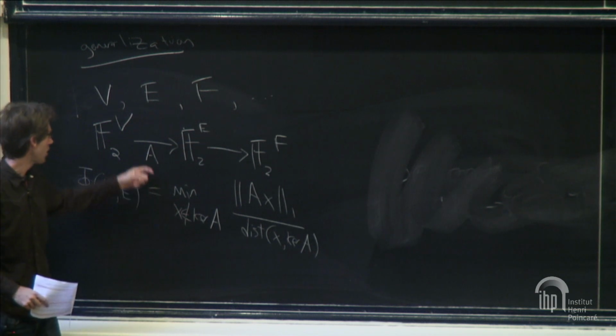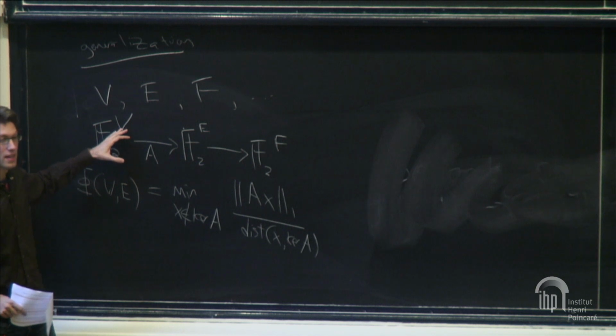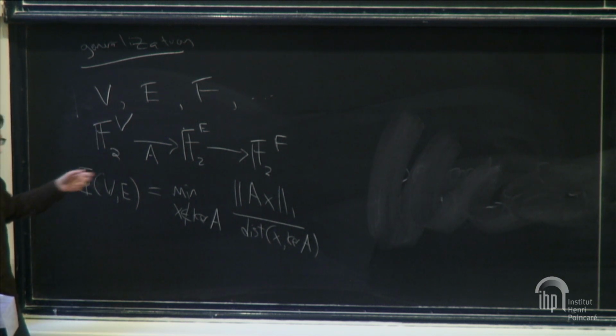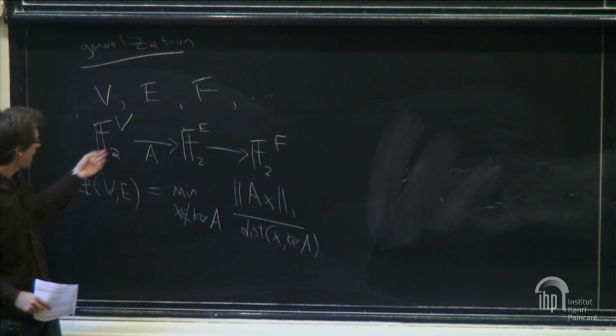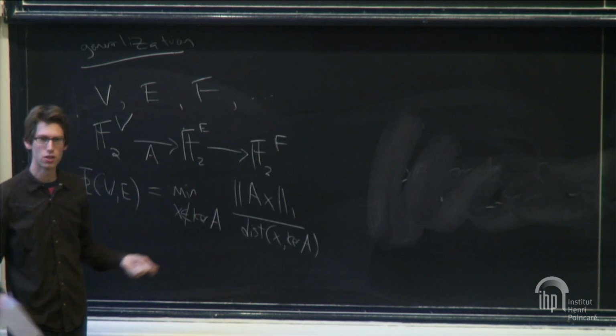So the kernel of A are the things that are annihilated by this map. So basically the connected components of the graph. And so for the repetition code, the kernel of A is just the all zeros vector and the all ones vector.